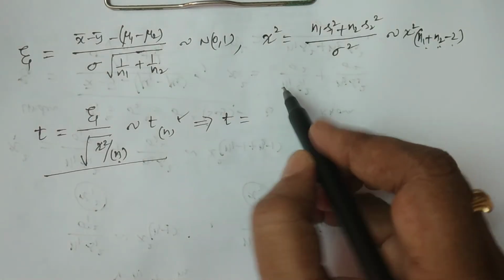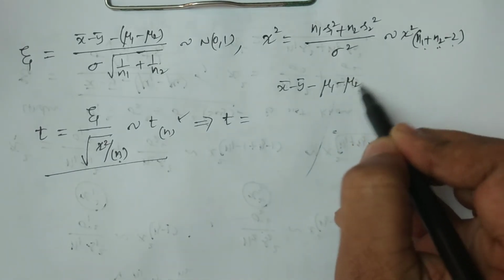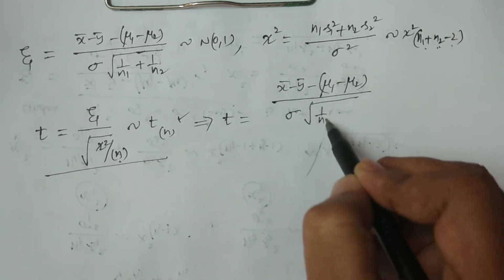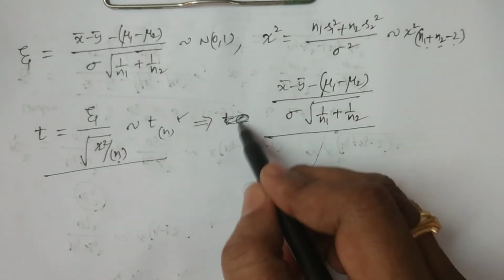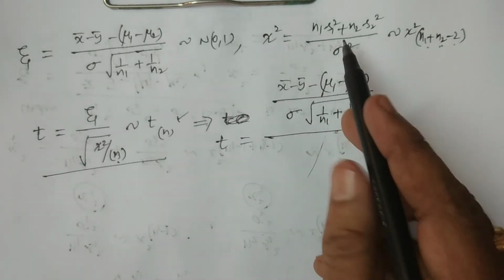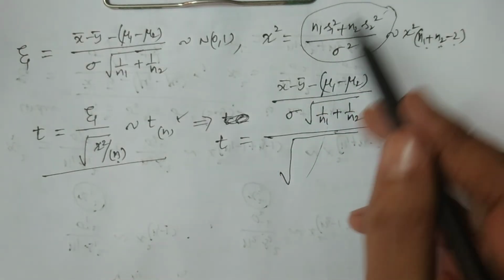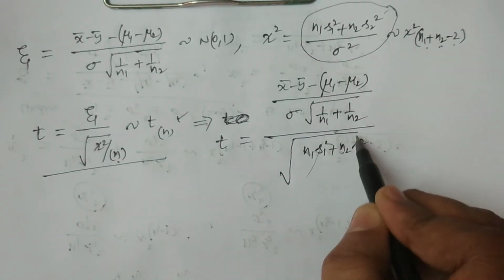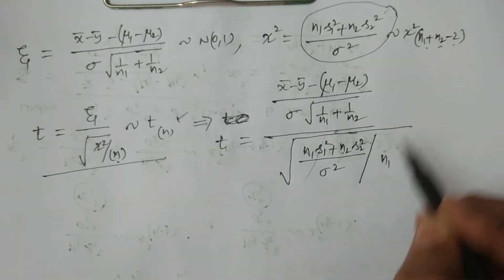So here we have to consider chi. Chi is x bar minus y bar minus of mu1 minus mu2 divided by sigma into square root of 1 by n1 plus 1 by n2. Is it clear? Whole divided by, if I write t here, it is appropriate, t is equal to chi divided by square root of chi-square. Chi-square is this: n1 s1 square plus n2 s2 square divided by sigma square, whole divided by its degrees of freedom.